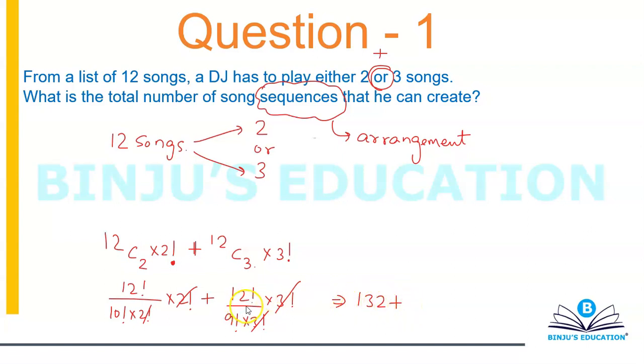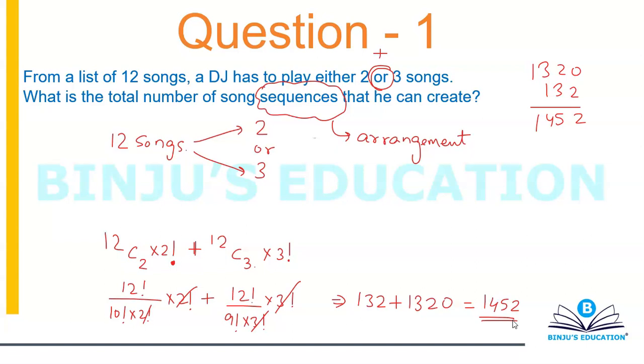And this is 10 into 11 into 12, so that is 1320. So we can add. This will be 1452. So the total number of song sequences that he can create is 1452.